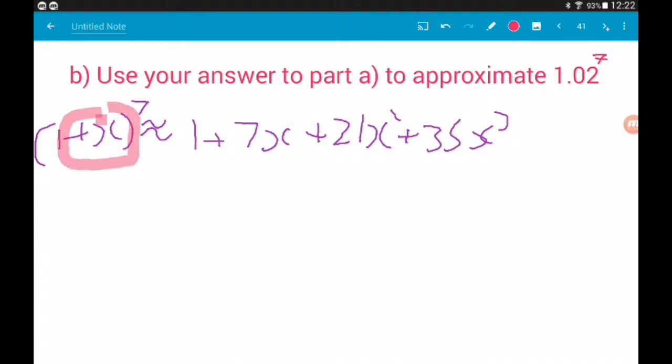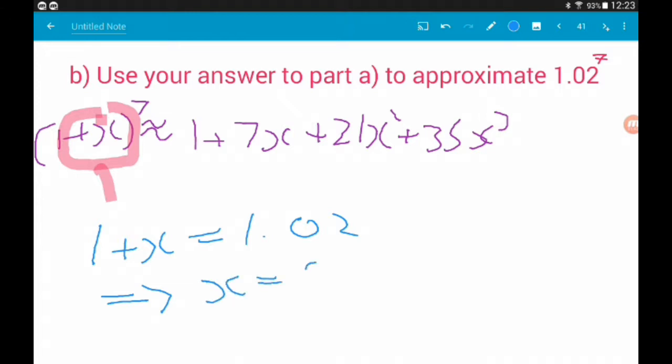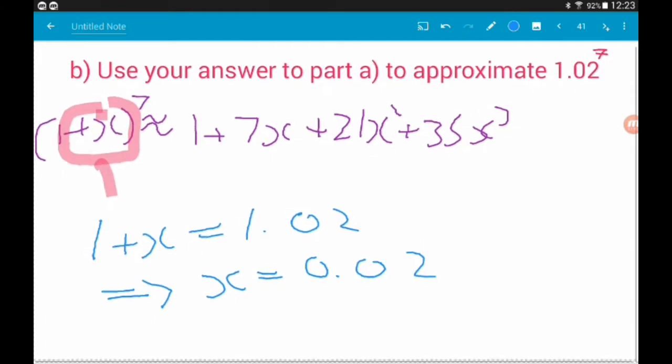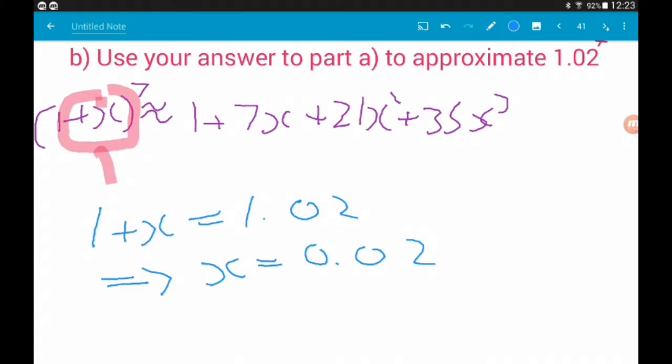So we want 1 plus x to equal 1.02. If we solve that for x, we simply take away 1. So we would get x is 0.02.